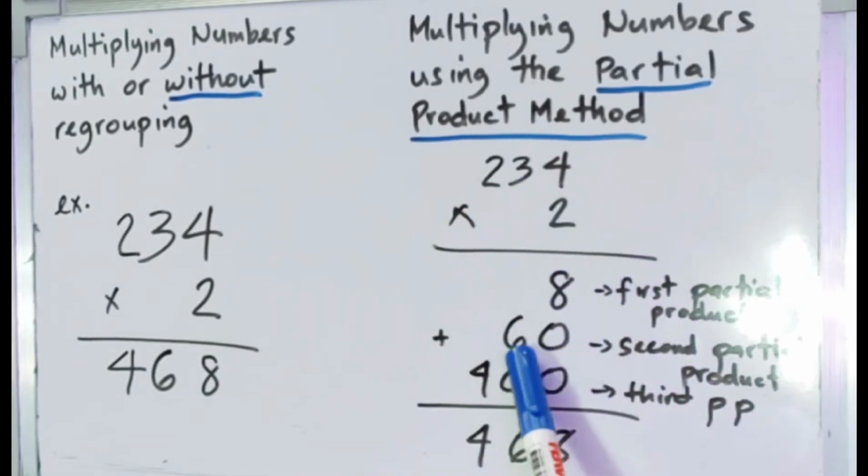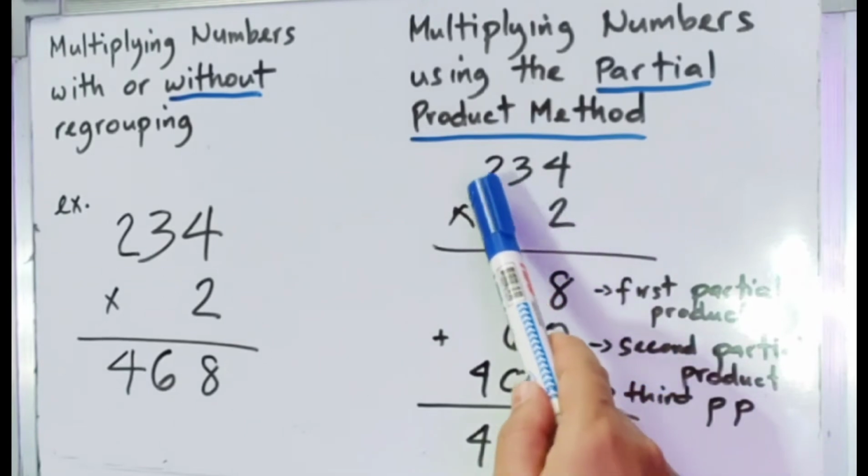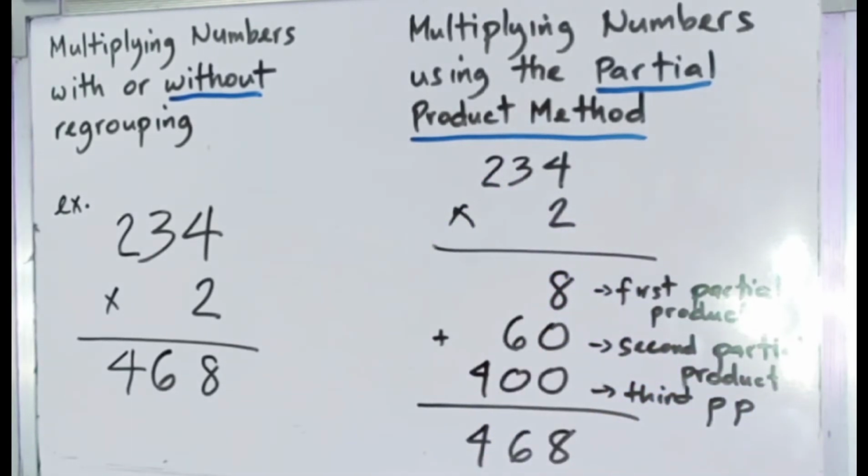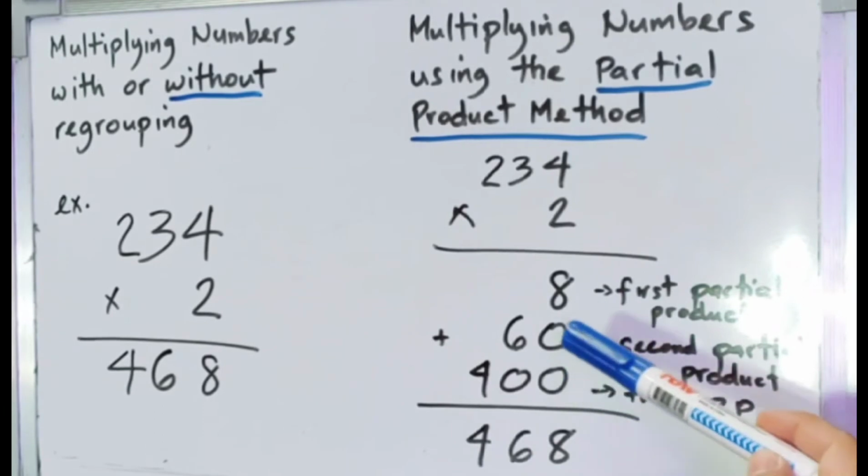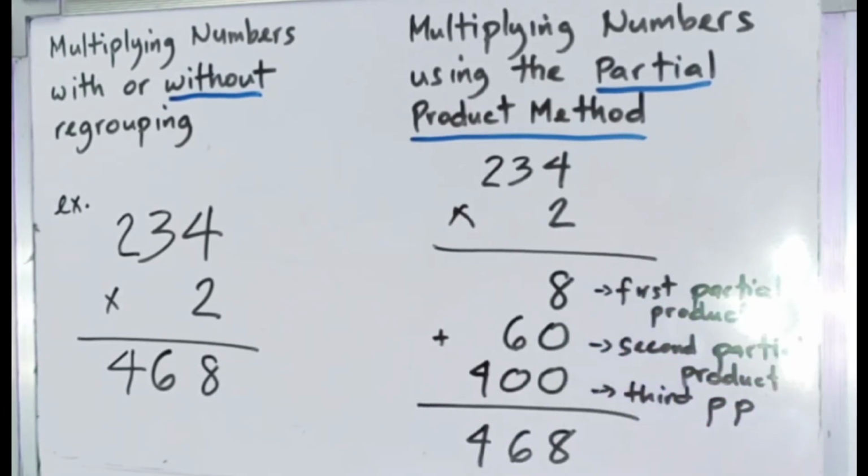So 30 times 2, this is 60. And lastly, we multiply 2 by the value of 2 there, which is 200. So 200 times 2, which is 400. So we have 3 partial products, 8, 60, and 400. And we add these 3 partial products, we get the final product, which is 468.